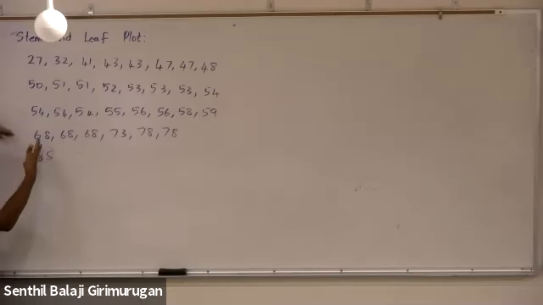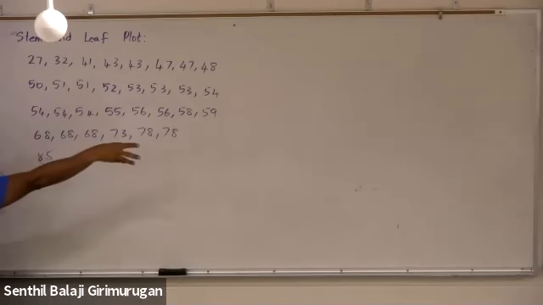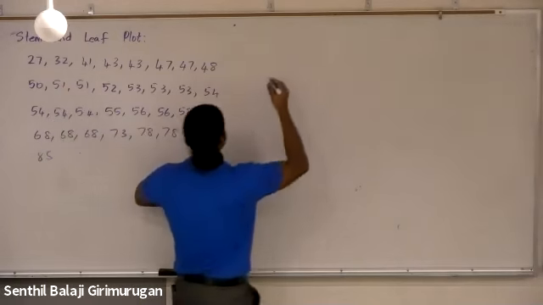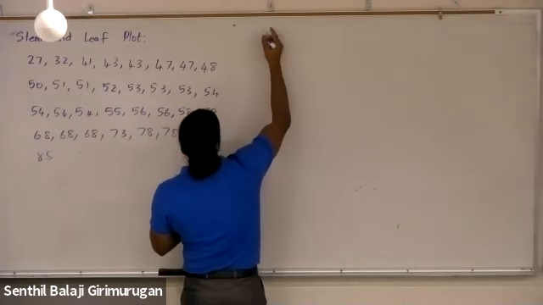We interpreted all observations from that stem and leaf plot and wrote them down. Now I want to create a frequency distribution. Let's just say 5 classes.